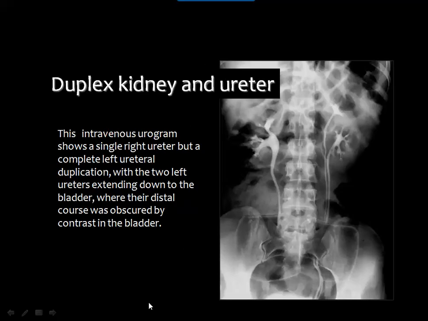Then this is a duplicated left pelvicalyceal collecting system with two separate moieties and two separate ureters down to the level of the urinary bladder. This condition may be unilateral and maybe also bilateral.